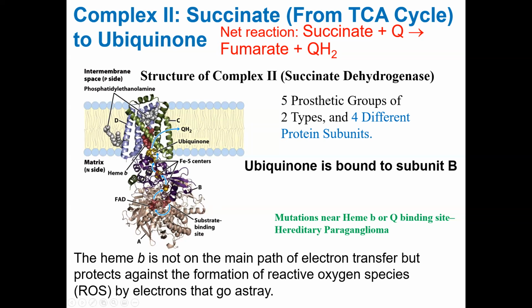And one of the yellow here, I don't know why they couldn't choose a different color, is also in subunit B, but it's at the interface of the membrane and matrix, which is ubiquinone. So this right here is ubiquinone. Ubiquinone is bound to subunit B at the interface. Cool? So you can see here 3 iron sulfur centers and ubiquinone in subunit B.